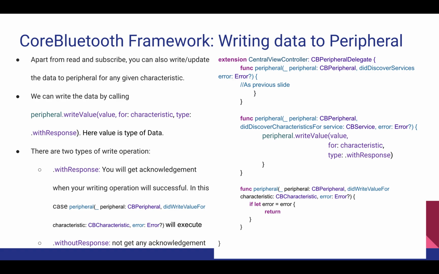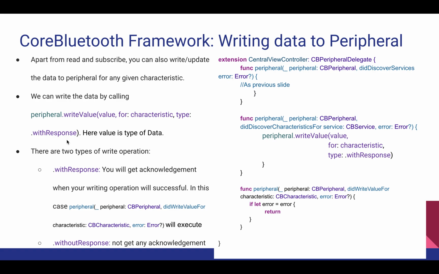We can write the data by calling peripheral.writeValue, and here we are sending the raw data. The value is raw data for that particular characteristic, and the type will be either withResponse or withoutResponse. Here there are two types of write operation. First is withResponse.